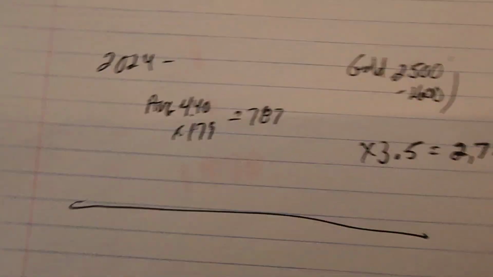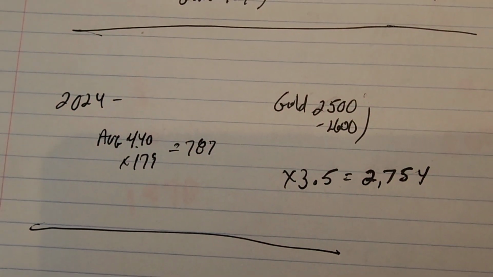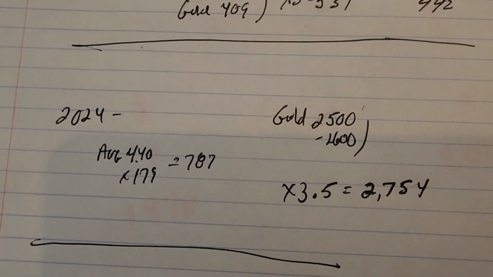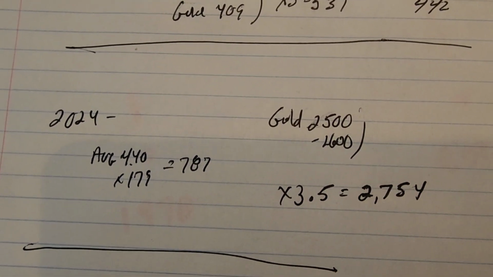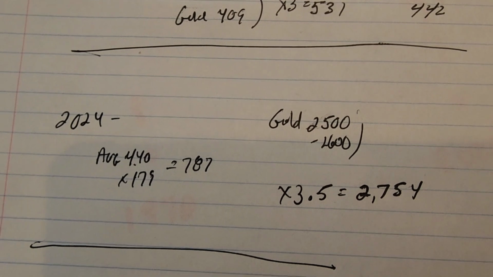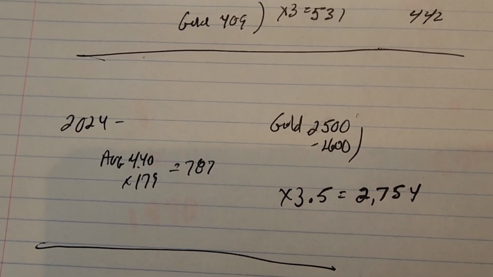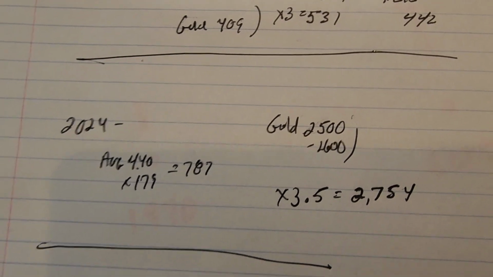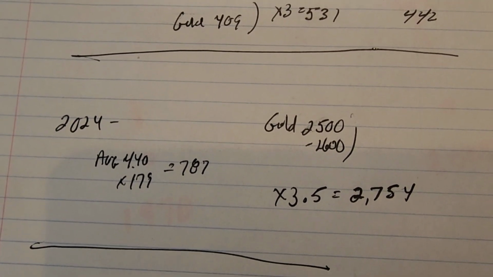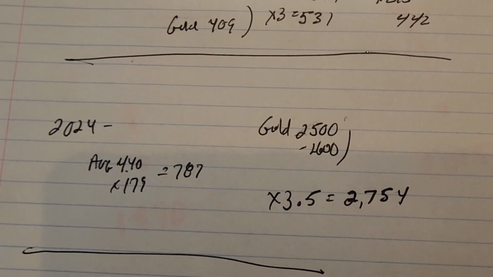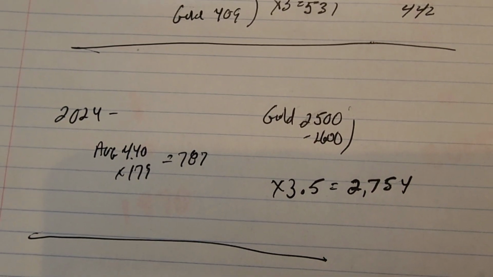Look at the year 2024. You got a nationwide average of about $179 and an average cash price of about $440. And gold hovered around $2,600. So that takes about 3.5 acres of corn to go out and buy that 1 ounce bar of gold.